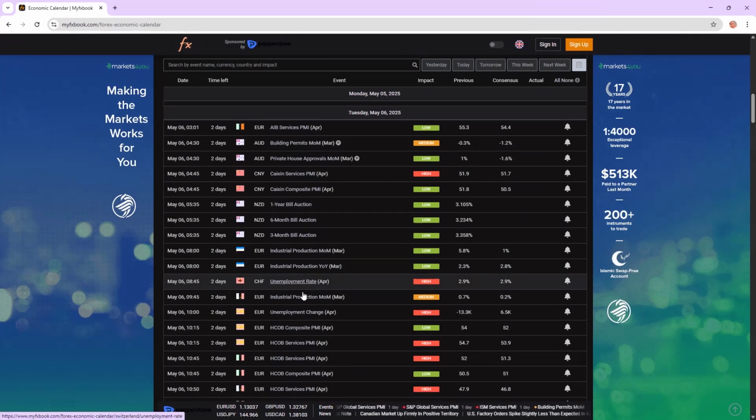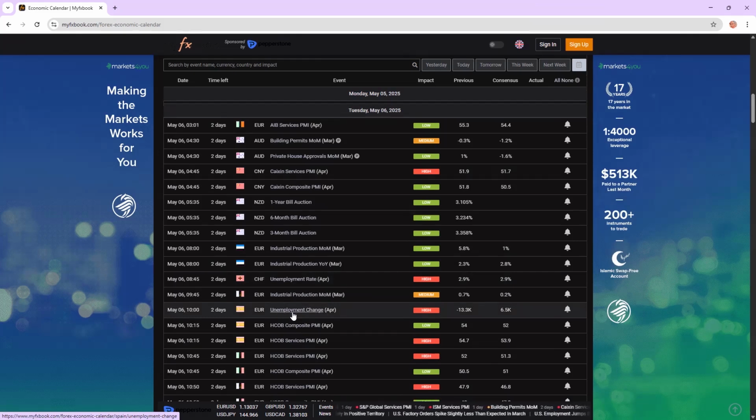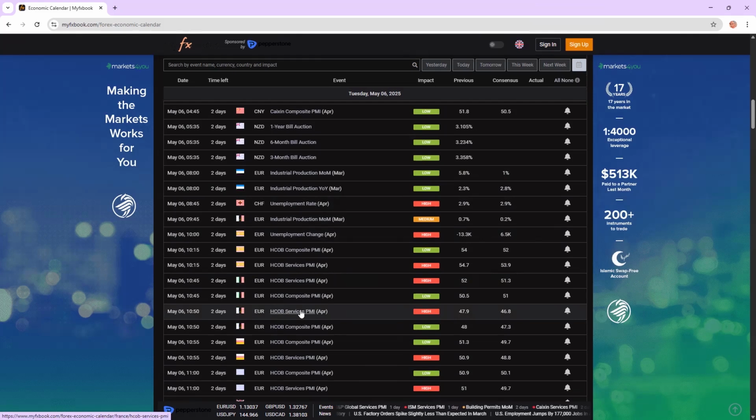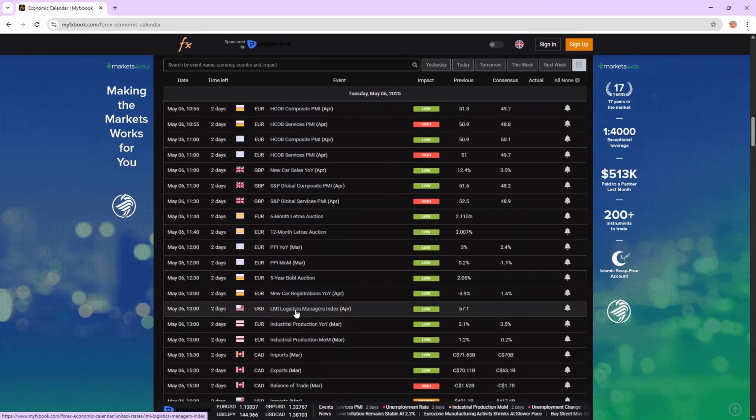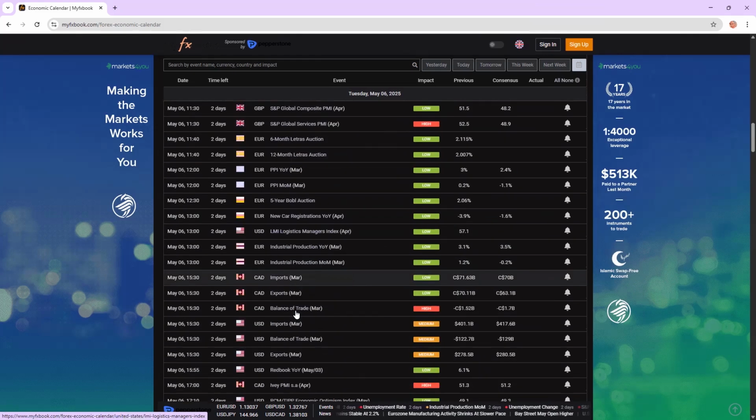On the Euro, we have unemployment change, as you can see. I'm just looking at the more competitive pairs, or more competitive currencies, which are highly competitive in the market and can highly affect the others. Some are volatile now. Those are the currencies I'm looking at.